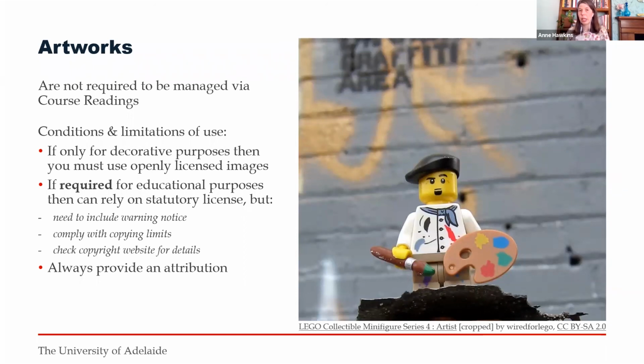Regardless of whether you're using an image under an exception, a license, or the statutory license, no matter why you're using it, I would ask you to please always provide an attribution. This is obviously an important academic integrity principle. It's an opportunity to model good practice to your students. It's also important that we can identify where these images have come from for auditing purposes.